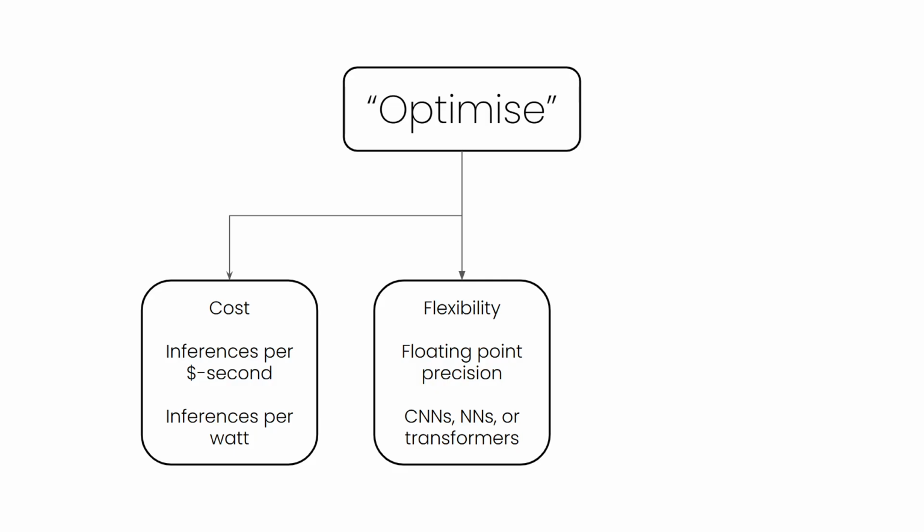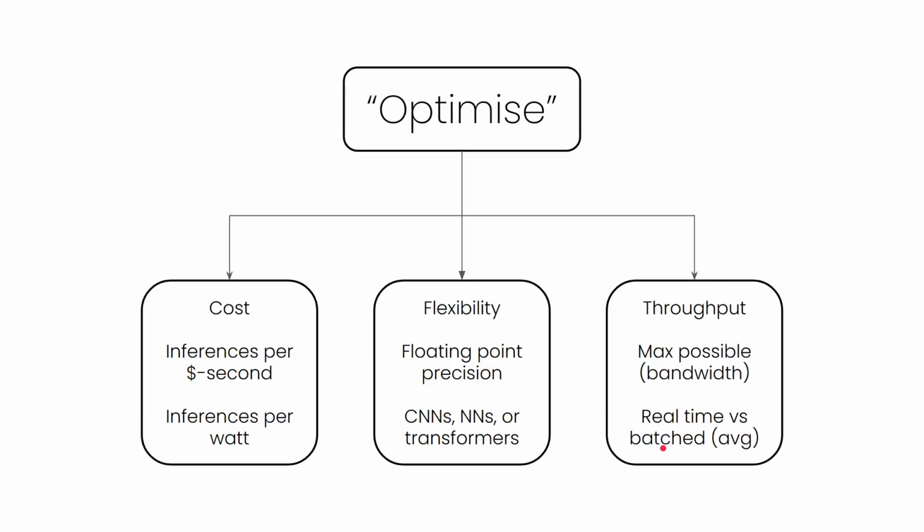Another thing to consider is that some chips only focus on, for example, convolutional neural networks, but not regular neural networks. Others might focus on transformers in particular. Those types of chips are becoming more common. So depending on which types of precision and models you support, you might get a greater market or maybe a lower market, but your computer chip is more optimized for that particular use case.